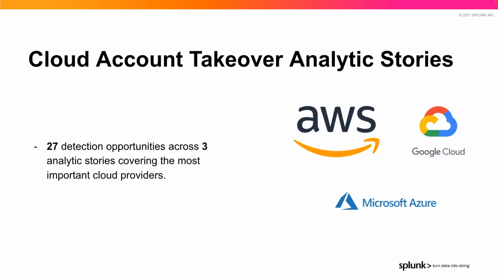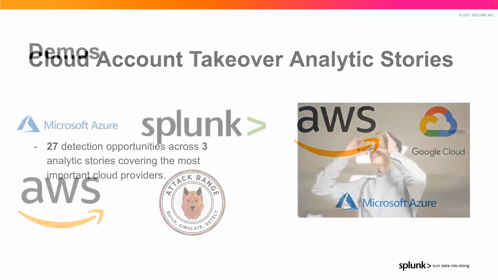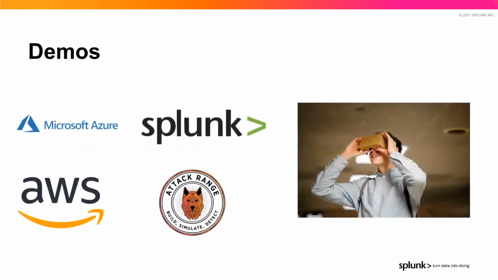Right now, we have 27 detection opportunities across AWS, Google, and Azure. We think that these detections can help security teams to detect behavior that could be related to account takeover attacks. So with that, we're going to move to the demo.